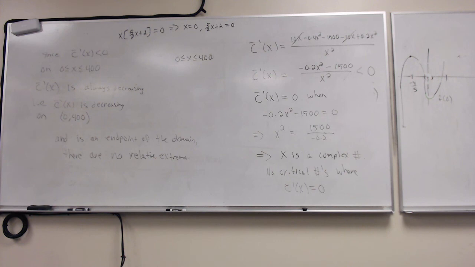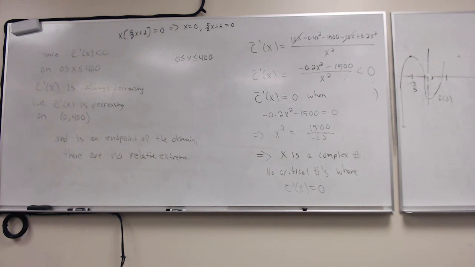Okay? It means you're just basically getting a better deal the more units you produce. So you'd be paying less per unit the more and more units you produce.